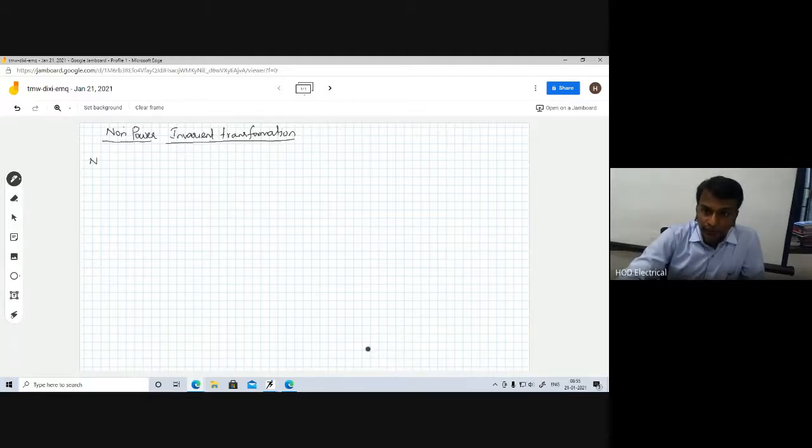We have N2, the number of turns in the two-phase winding, into I alpha beta naught equal to M matrix into N3, the number of turns in the three-phase winding, into I RYB. Accordingly, I alpha beta naught equals N3 by N2 into M into I RYB.